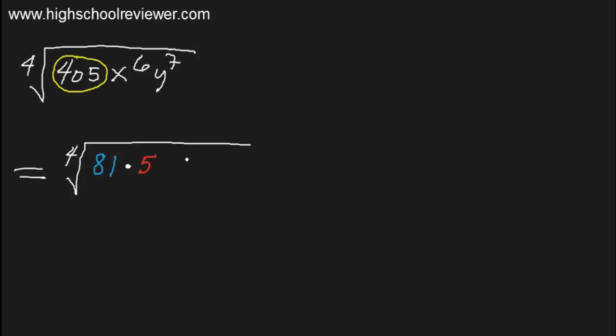Okay, let's continue. We will then have here, we can factor out x raised to 6. So one of the factors will be, of course, x raised to 4. And then this will be multiplied, of course, by the remaining. This will be x raised to 2. And then let's factor out y raised to 7. So the first will be, of course, y raised to 4.